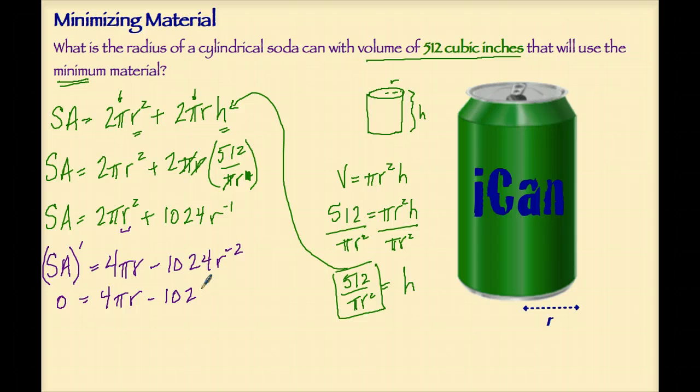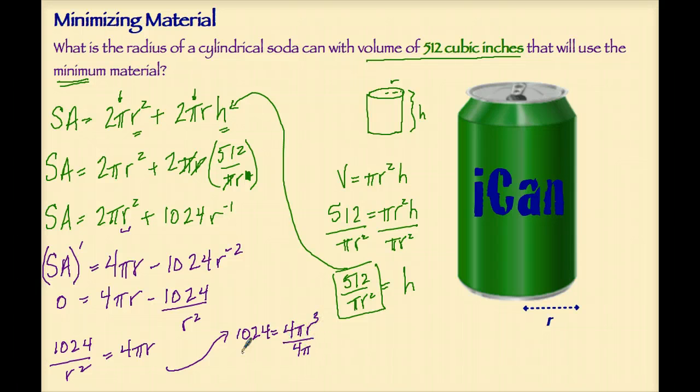Now I'm going to rewrite this as 1024 over r squared, and when I add that term over to the other side, I get 1024 over r squared equals 4 pi r. Multiplying both sides by r squared leads me to 1024 equals 4 pi r cubed. Now let's solve for r cubed by dividing both sides by 4 pi.